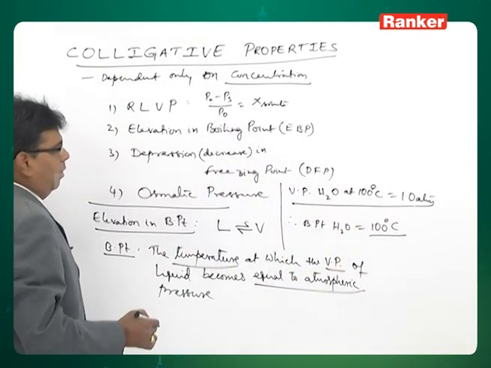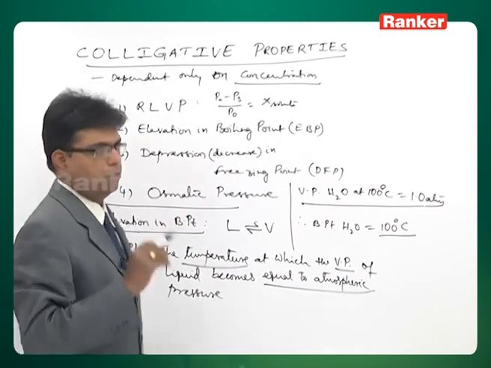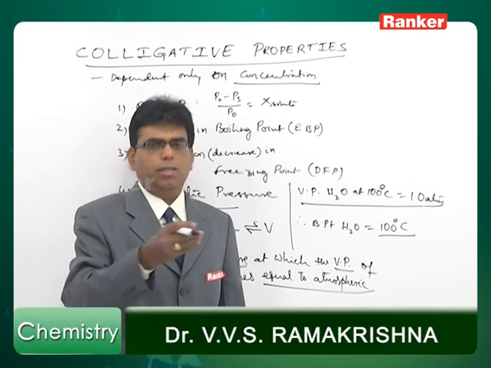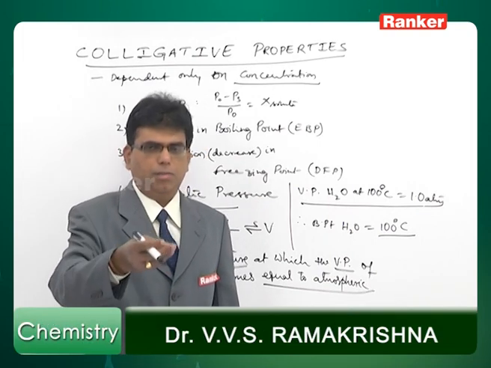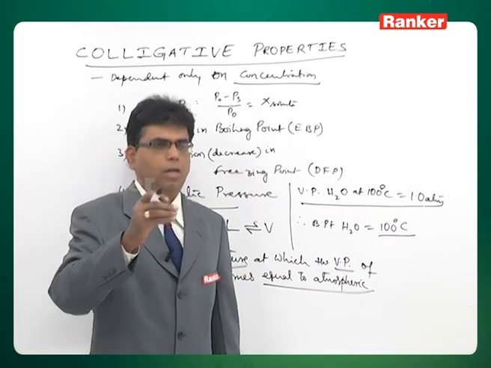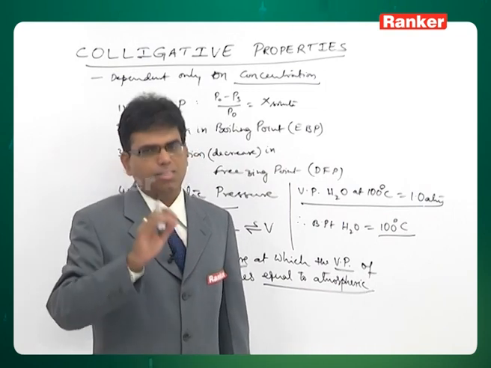Now, if you add a solute into the pure solvent, for example, you add sodium chloride to water. According to Raoult's law and the vapor pressure concept, which we already discussed, when you add a non-volatile solute, the vapor pressure of the liquid decreases.